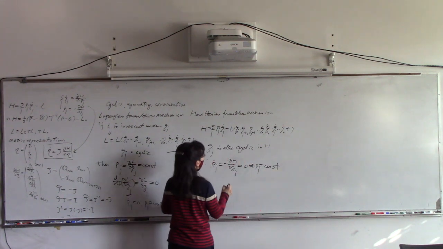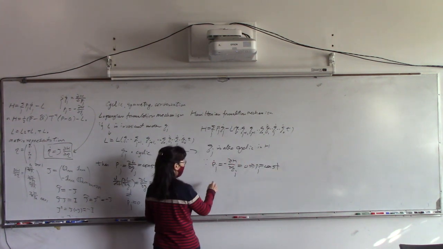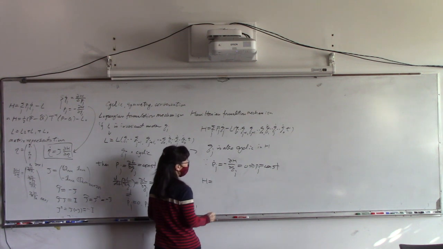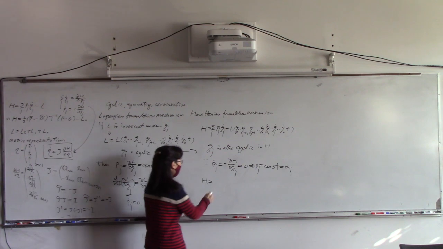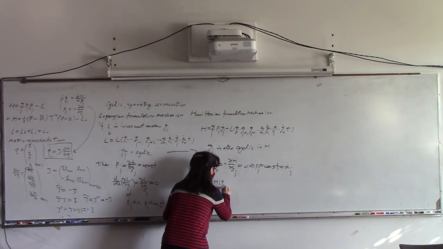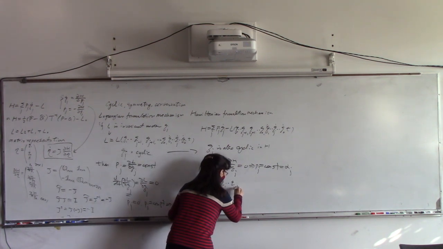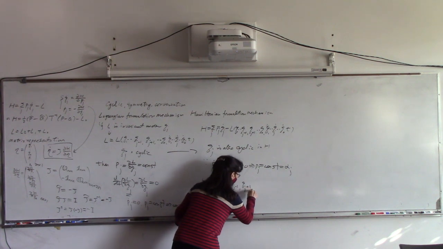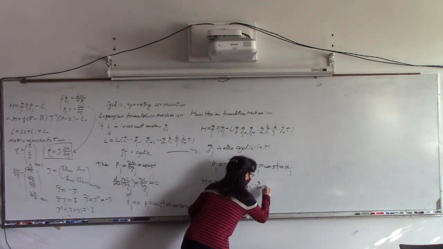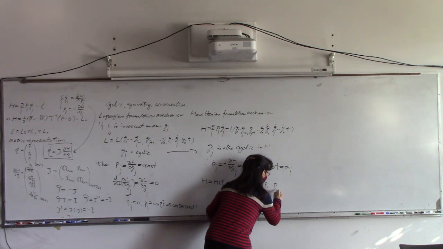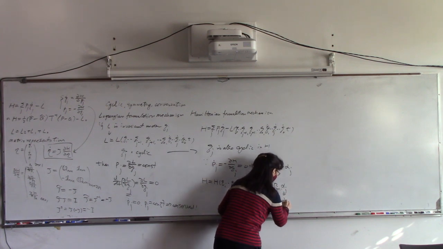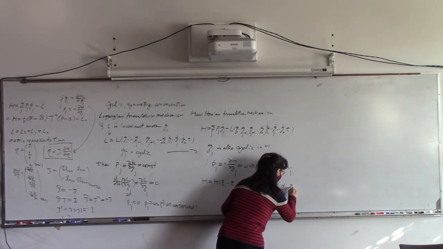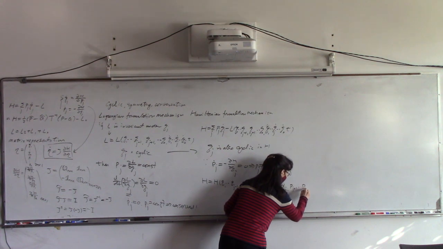And then what you can see here, suppose this is alpha j. This is constant. So the Hamiltonian is a function of q1, qj minus 1, qj plus 1, qn, and p1, pj minus 1, and then alpha j, which is equal to pj, then pj plus 1, pn, and t.